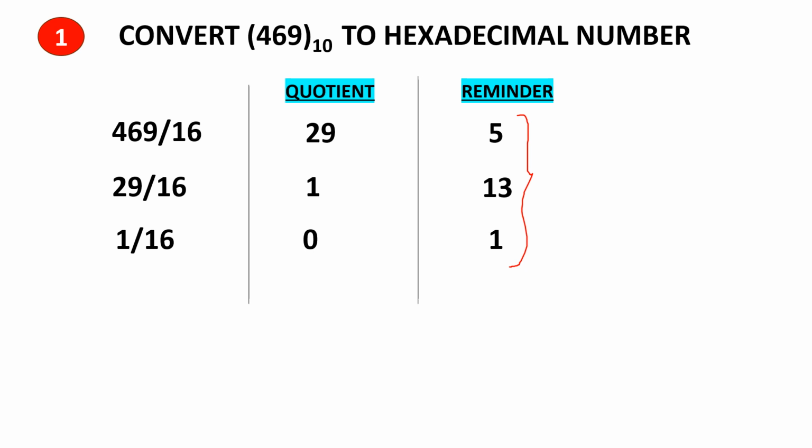So here we know that the hexadecimal numbers are numbers from 0 to 9 and A to F. Here we have a number 13. This number 13 does not fall in any of these, so we have to find the hexadecimal number for this 13.